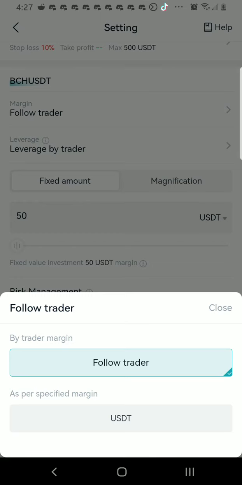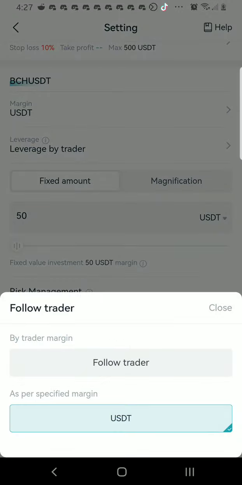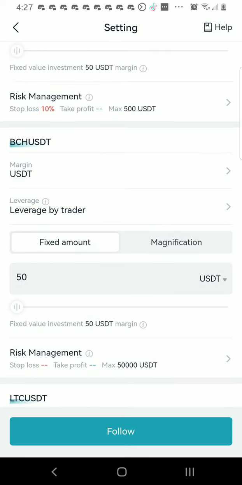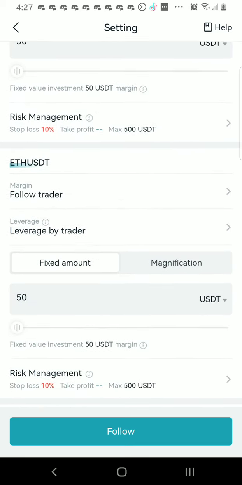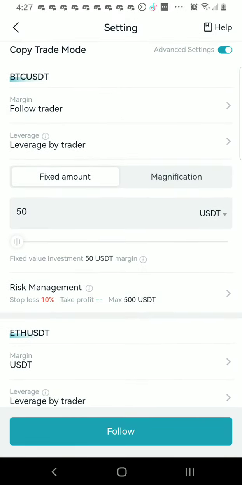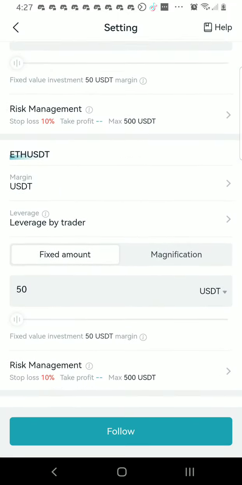Follow trader, USDT. The margin is USDT. BTC USDT. That's why you need to use it.